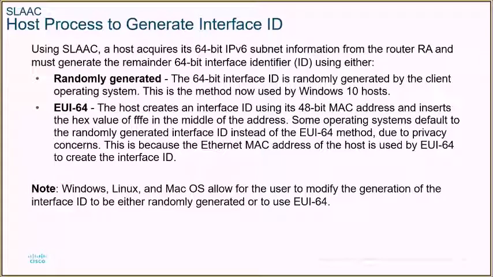Or there's EUI-64, which basically means it grabs the 48-bit MAC address from its NIC and then jams 16 more bits in the middle, which makes it add up to 64. Normally those bits are FFFE, so from there, that should be a unique number if it's using a unique MAC address. Windows, Linux, and Mac OS allow the user to modify the generation of the interface ID to be either randomly generated or use EUI-64.